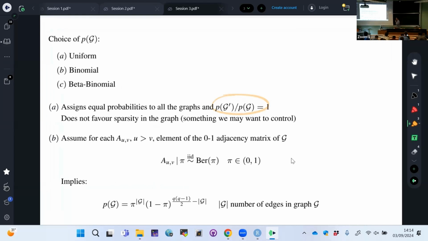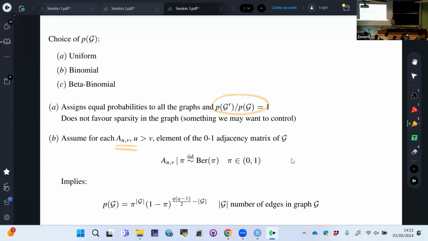If we start from the adjacency matrix of a graph, let me call this capital A, then we can consider the UV element of this adjacency matrix, and this element is 0 or 1, right? 0 if there is no edge, 1 if there is an edge. Let me assume for simplicity that we are considering an undirected graph. So I can look at, for example, the lower triangular part of the adjacency matrix because it is symmetric, so I don't need both parts of the matrix if I work with undirected graphs.